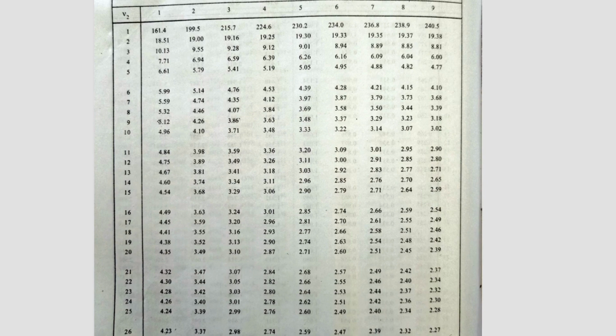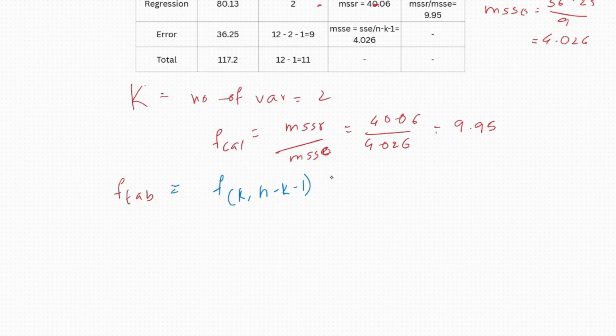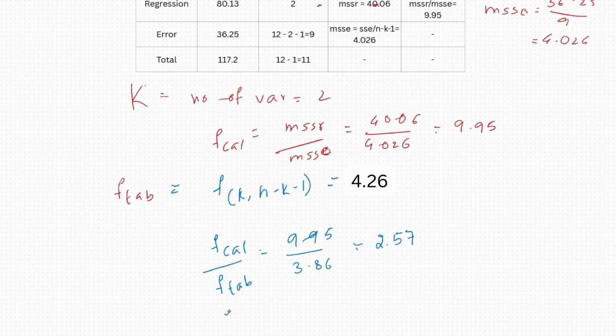Let's check where the 9 is, and 9 is here. So we have 3.86. The F tab value is 3.86. So now F cal is greater than F tabular value, so that implies we reject H naught.